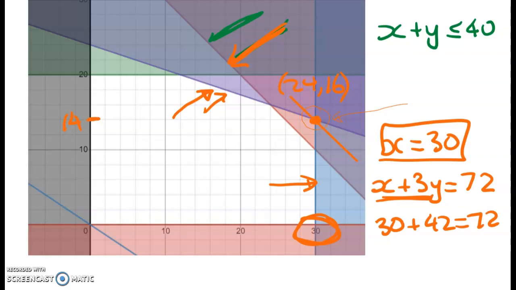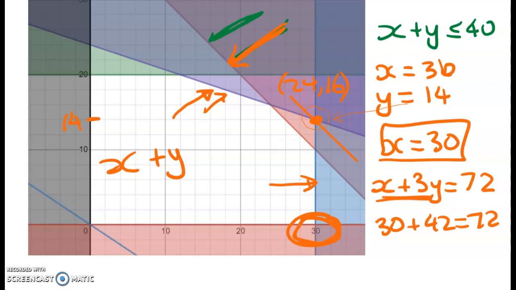So at this new point, what does my oven capacity have to be? Well, we've just about answered our question. If we have x equals 30 and y equals 14, my oven capacity must be x plus y is equal to 44. So if I increase the oven capacity by 4 units, what's going to happen?